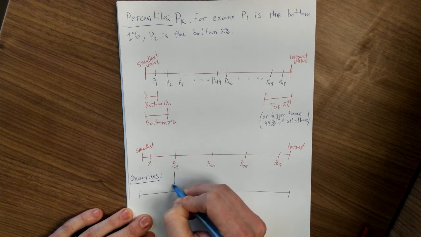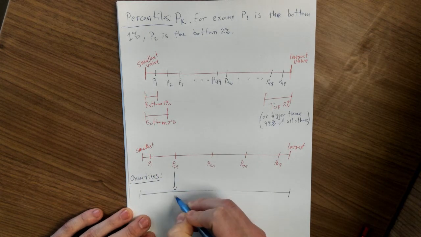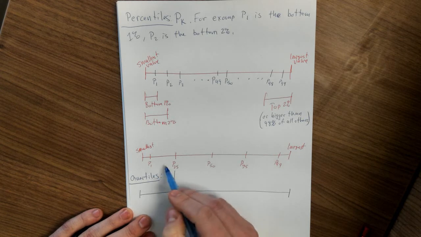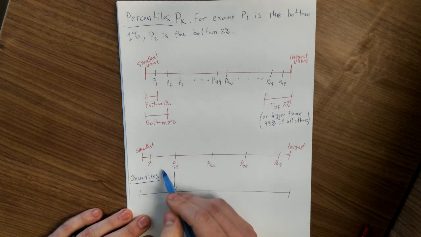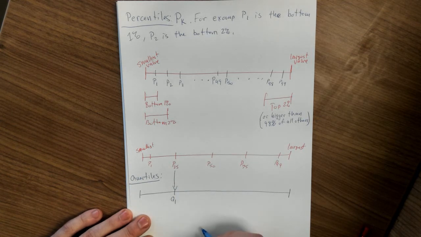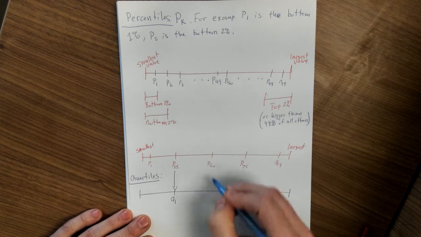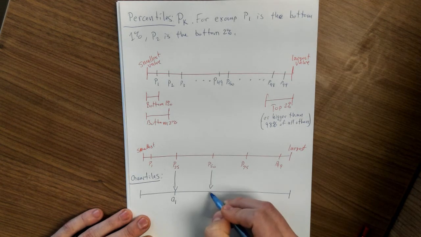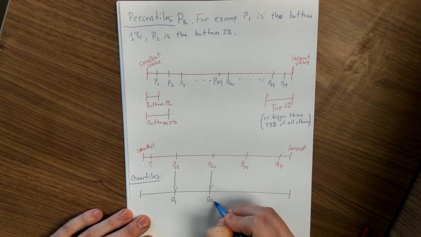This P25, meaning you're in the 25th percentile, or you're better, bigger, taller, have a better SAT score than 25% of people your age, that corresponds to Q1. And same thing with 50. That corresponds to our Q2.